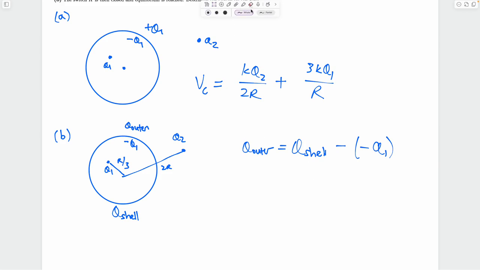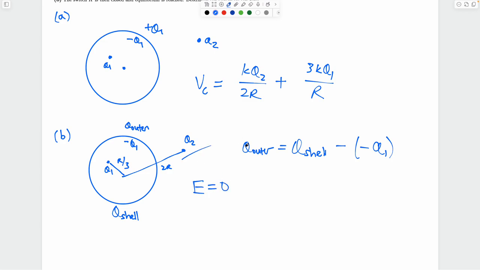Okay. What I was trying to say is that due to Q1 and negative Q1, so only due to the charge in the shell and the charge on the inner surface of the shell, the potential is zero at the surface if we are only considering these two. The reason is, as we described previously, if we are considering just these two contributions, the field outside is zero.